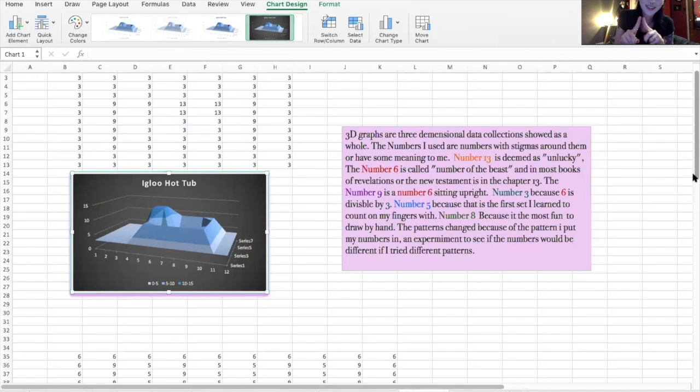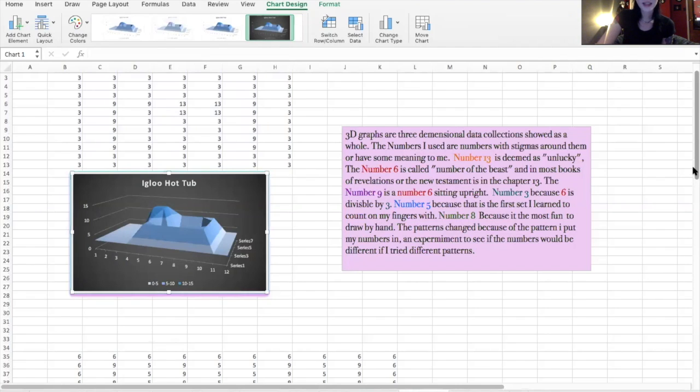I think that's funny. The number 9 is just a number 6 sitting up proper and upright. Number 3, because 6 is divisible by 3. The number 5, because it's the first set of numbers I learned to count on my fingers. And the number 8, because the number 8 is so much fun to draw by hand.